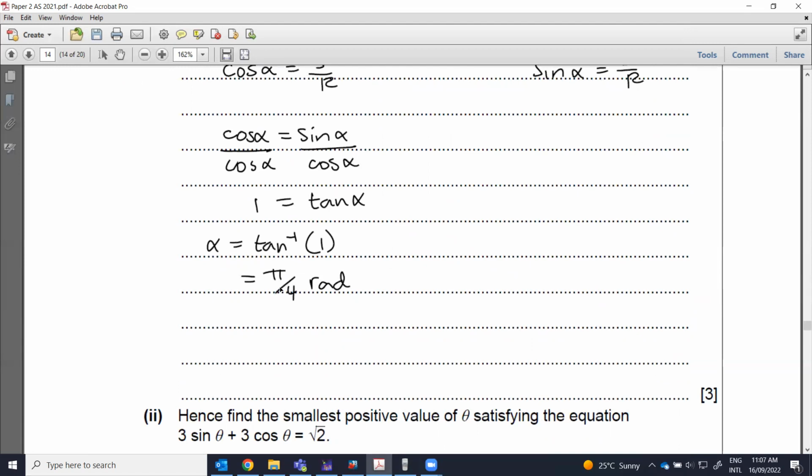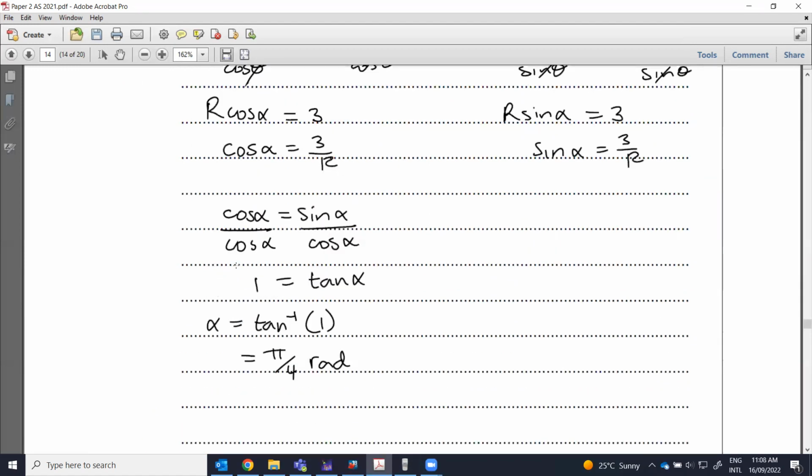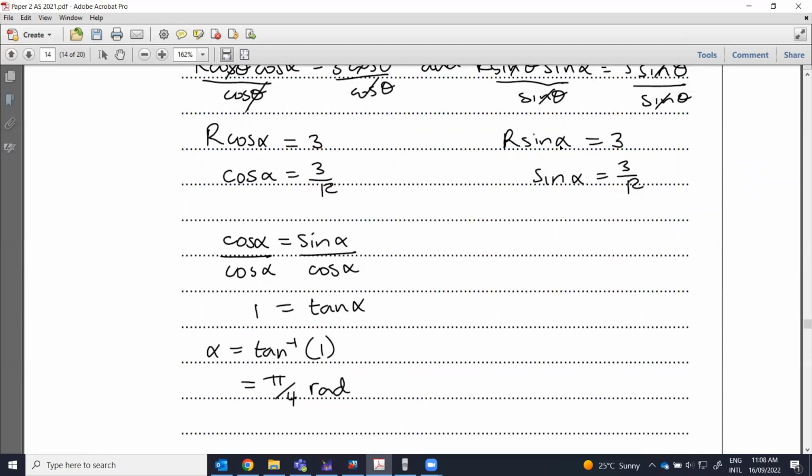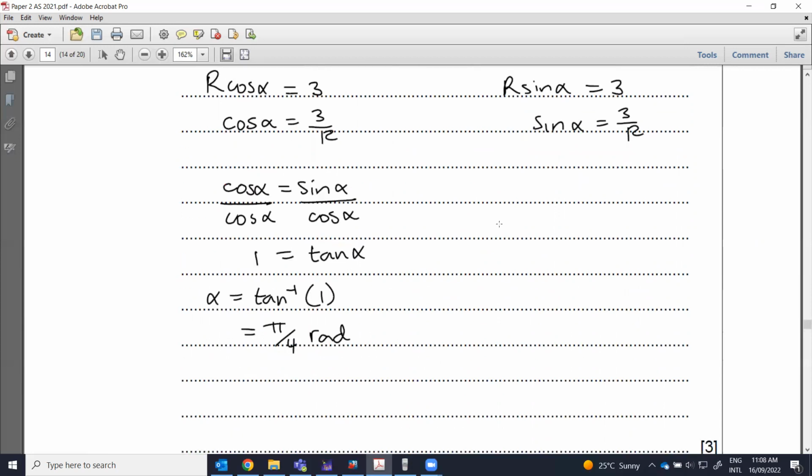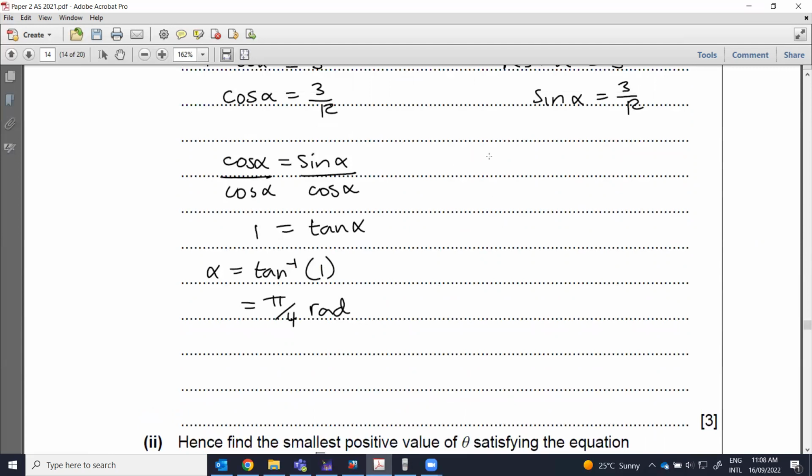Okay, so now that I know what alpha is, I can work out my r. I use one of these, either this one or that one, it will give me the same thing. So cos of alpha is equal to 3 over r. This means that r is equal to 3 divided by cos alpha.